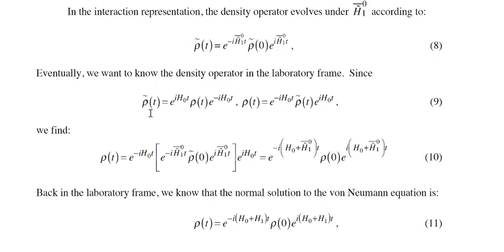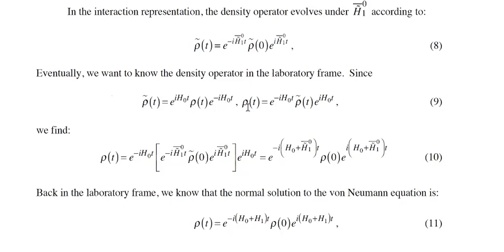And the way you do that is you flip the equation that led from rho of t to rho tilde of t and just multiply both sides of the equation with the opposite signed exponential operator. If I multiply both sides of the equation with e to the minus iH0t in front of the term, and then after the term with e to the plus iH0t, then you see what happens on the right-hand side.